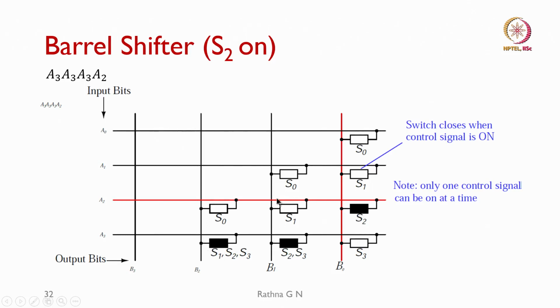When you connect them, you see this red line: A2 is pushed into B0, A3 is pushed into B1, A3 is pushed into B2 also, and A3 stays in B3. So you get the output A2, A3, A3, A3. That is what we wanted. Since the switch is closed, this is how the barrel shifter works.